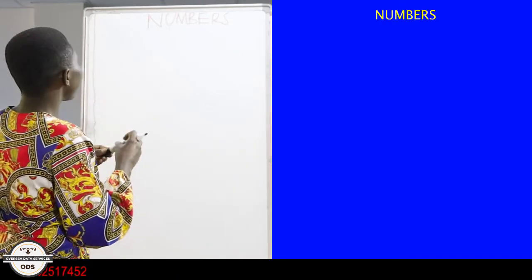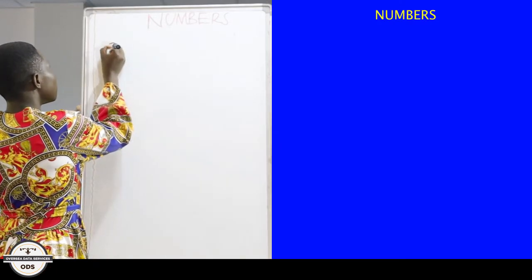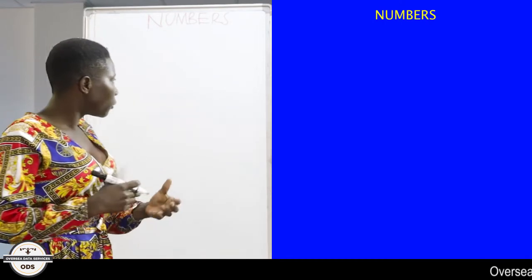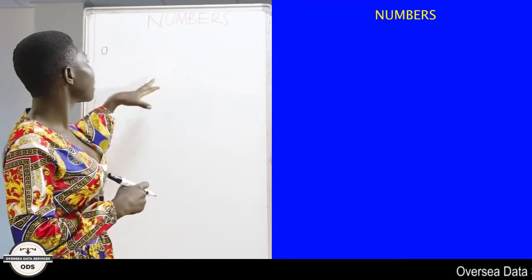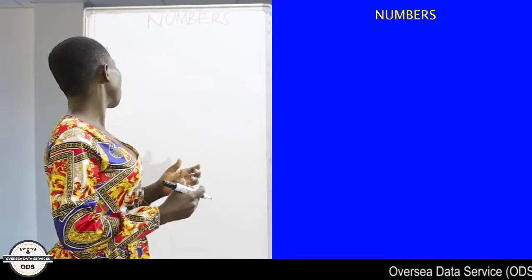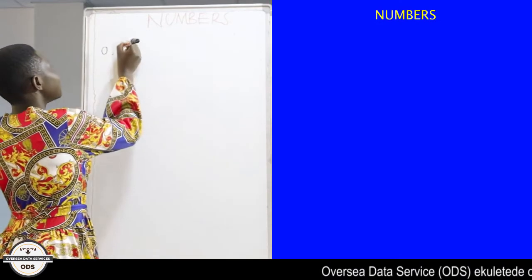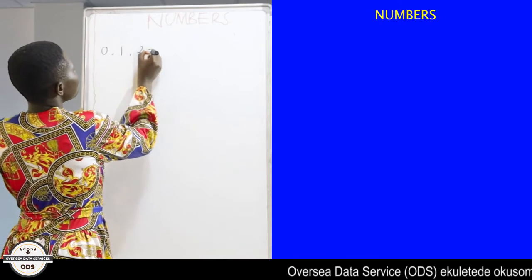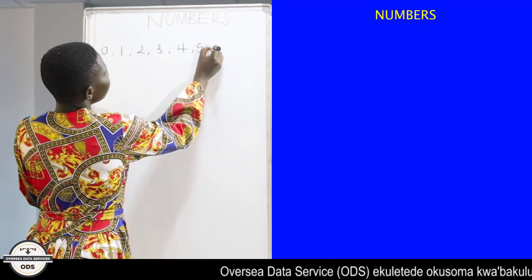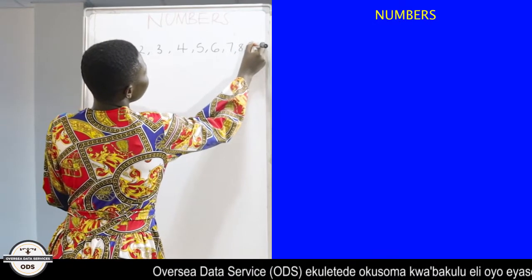Okay, let us see here. When we are writing numbers, we start from 0. In Luganda we call 0 noti. When reading a phone number we say noti. So we also begin with the note. We start with zero, then 1, 2, 3, 4, 5, 6, 7, 8, 9.